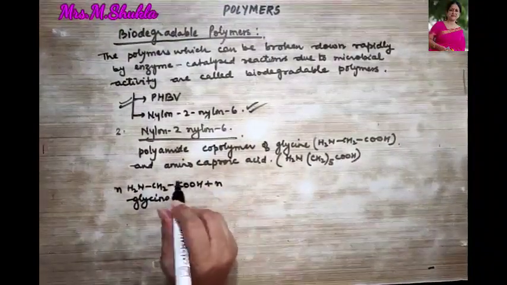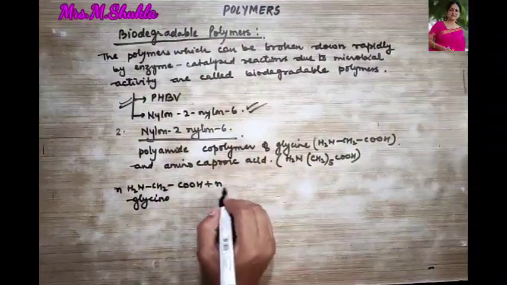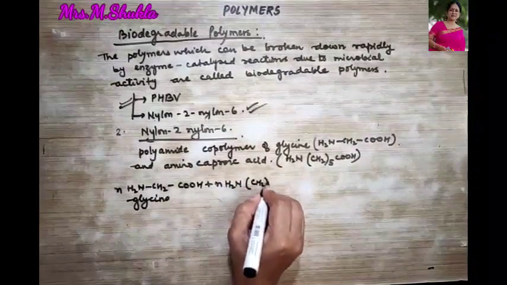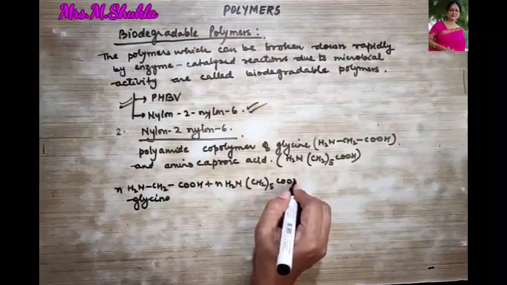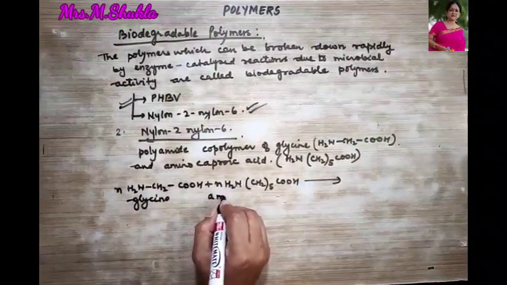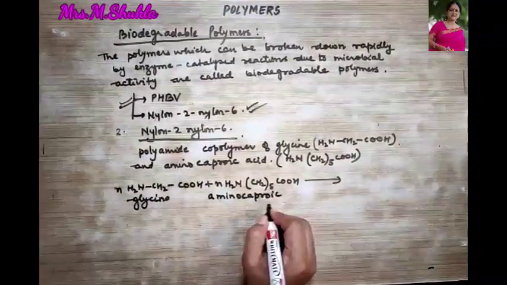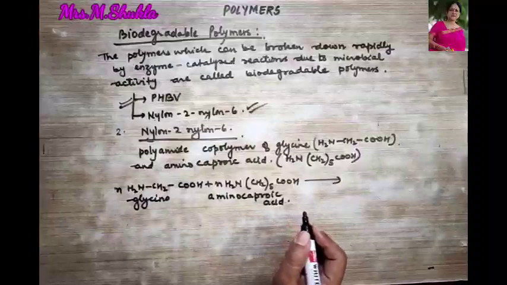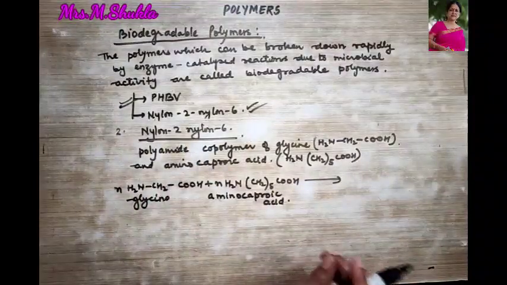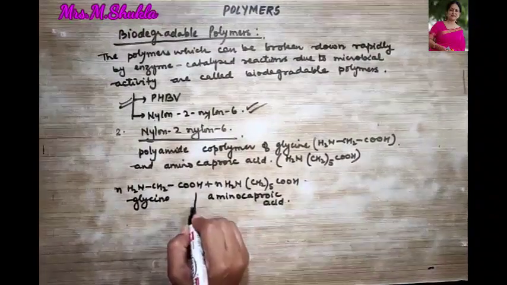And this combines with n times of aminocaproic acid, that is H2N(CH2)5COOH. And what do we get? Nylon 2, nylon 6.